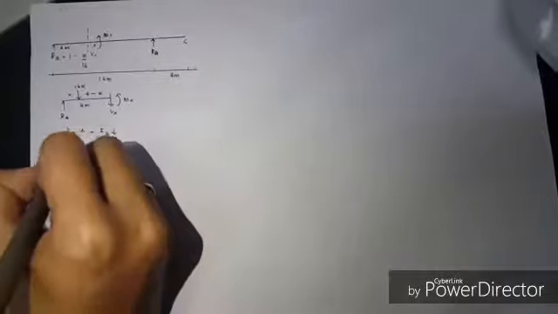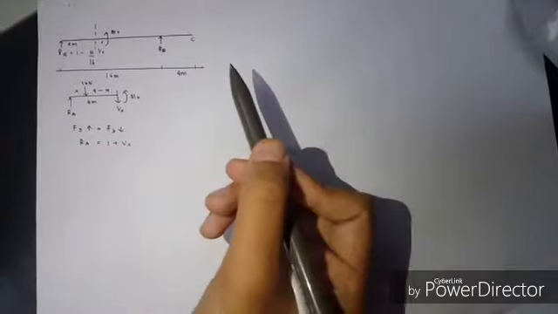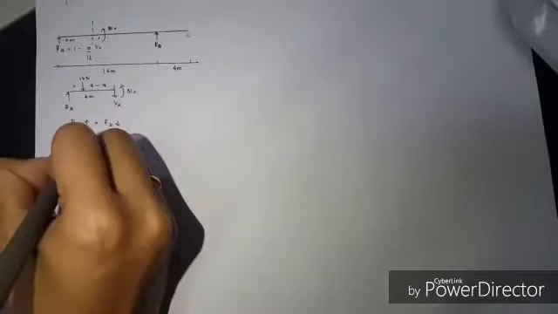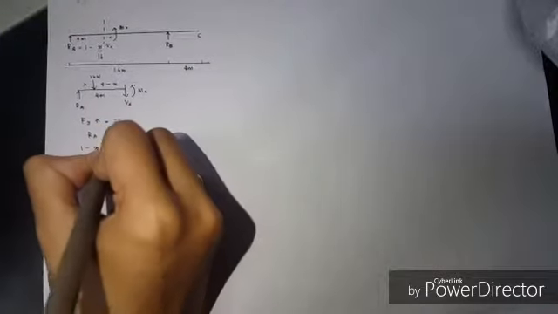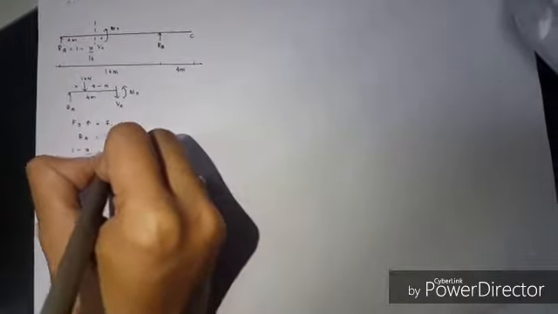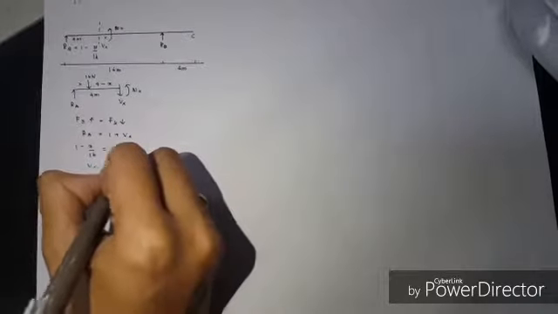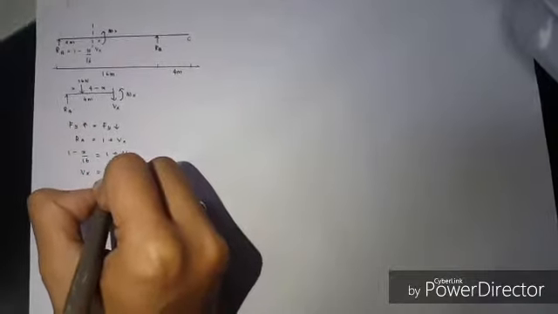Then RA equals 1 minus x over 16, equal to 1 plus Vx. Then we get Vx equals negative x over 16.